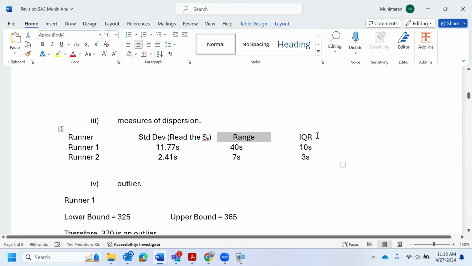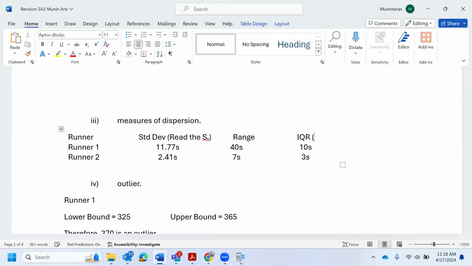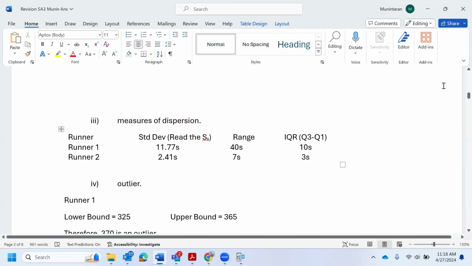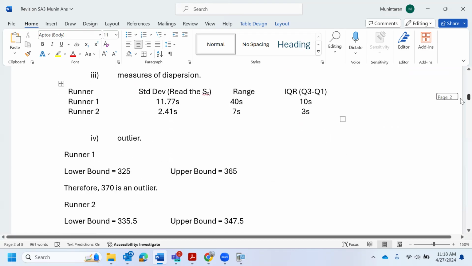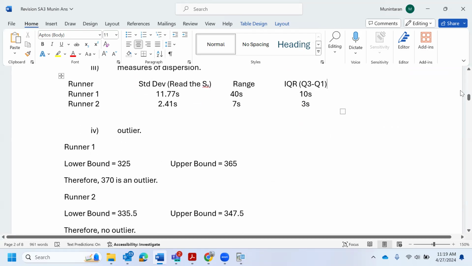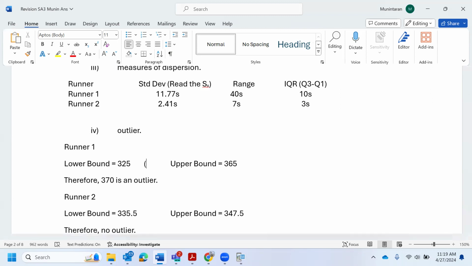IQR, you know that is Q3 minus your Q1. If your data is wrong, your Q1 or Q3 will be wrong, the IQR will be wrong, and of course your outlier also will be wrong. Now for the formula for outlier, you must know how to calculate the bound. The lower bound is Q1 minus 1.5 times your IQR.